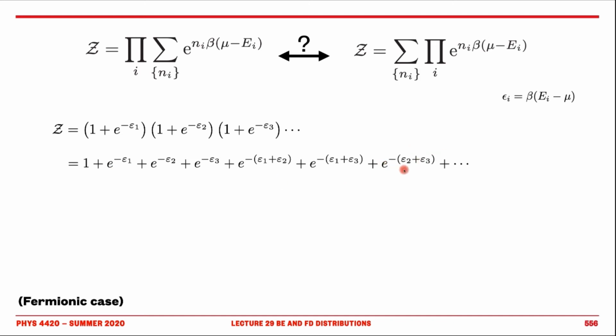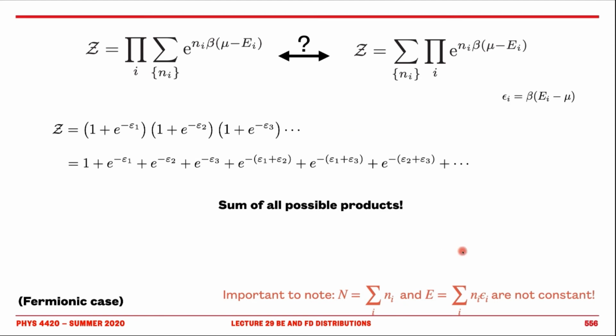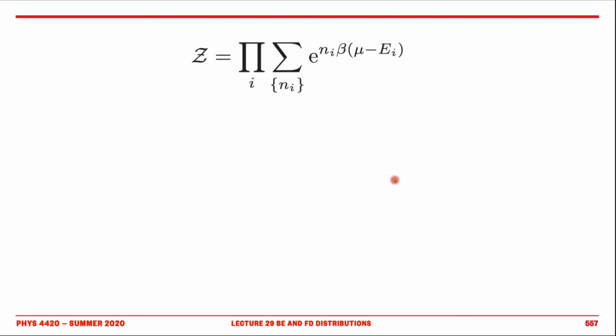This one has 0 particles in state 1, 1 in state 2, 1 in state 3, and 0 particles otherwise. That's the idea, and this is how you prove that this equality is true, or at least convince yourself it is true. Of course, we do a sum of all possible products. And one more time, the note is the same as on the previous slide, but I think it's important to remind you. Very good. So now we have a very important result.